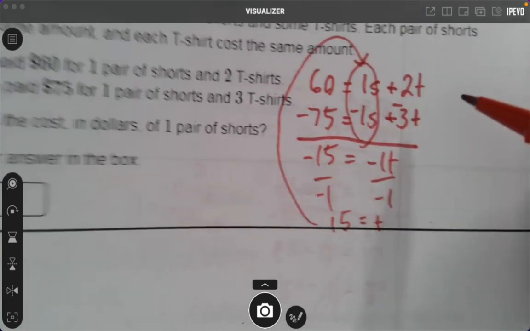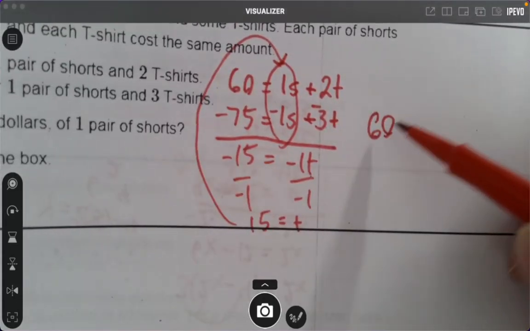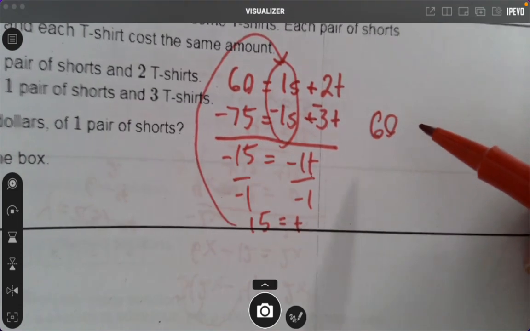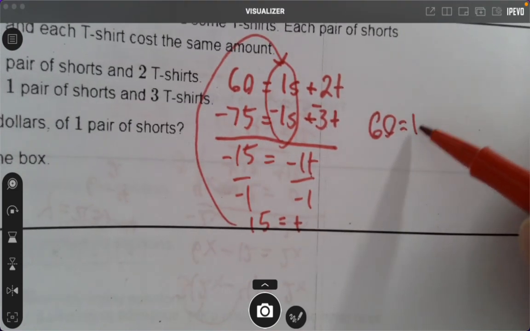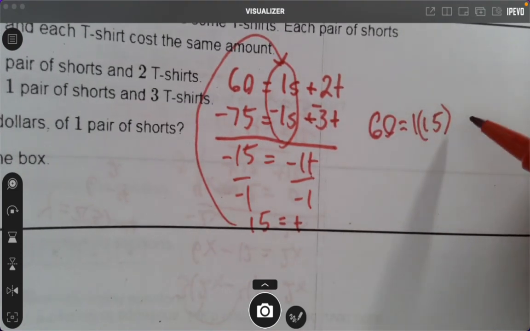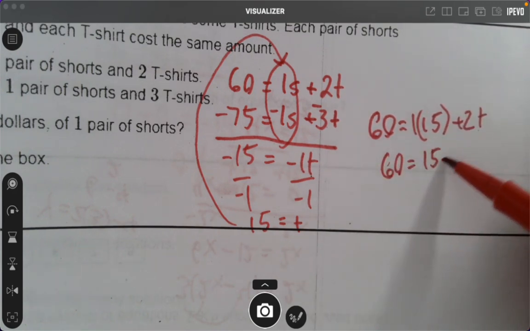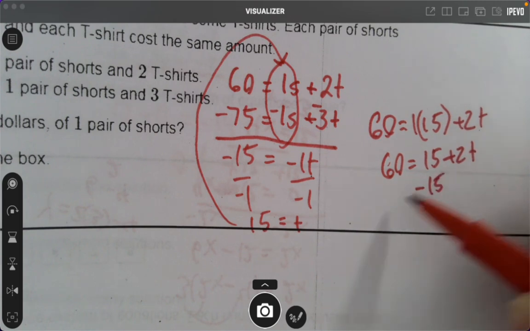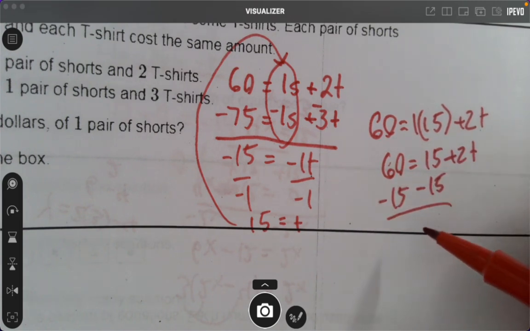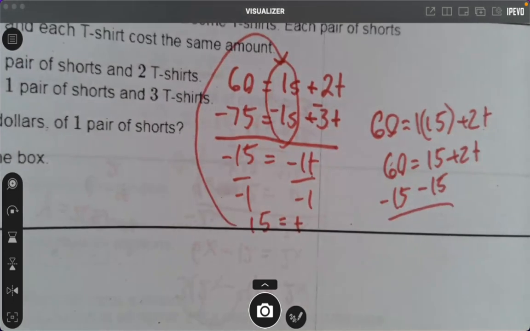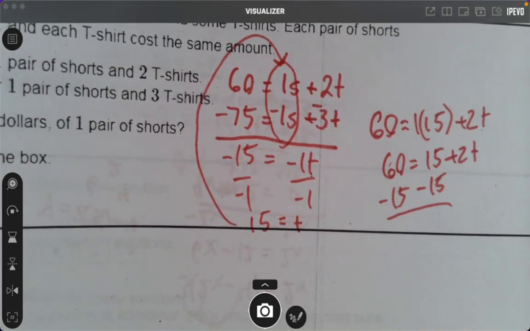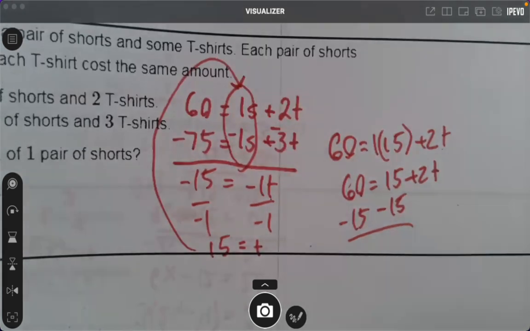Ugh. So I get 60 equals 1 times 15 plus 2t minus the 15. I'm sorry, guys. It's been a long day.